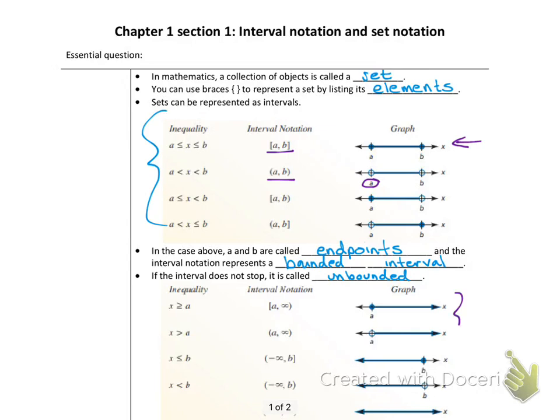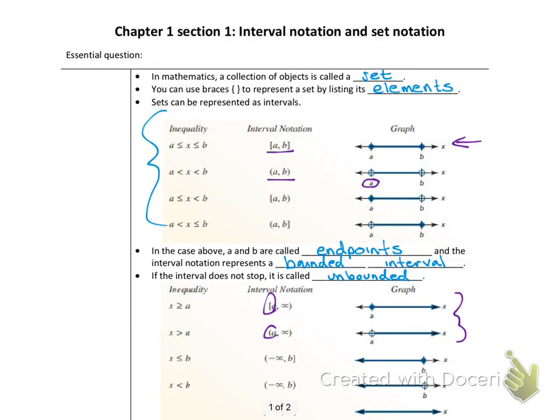Now if you look at the A example, it starts at a point and goes on forever. The top one is closed, the bottom one is open. So the top one has a bracket here, and the bottom one has a parentheses. Now instead of putting x is greater than or equal to A or x is greater than A, we take our number, we put a comma, and then we use an infinity symbol.